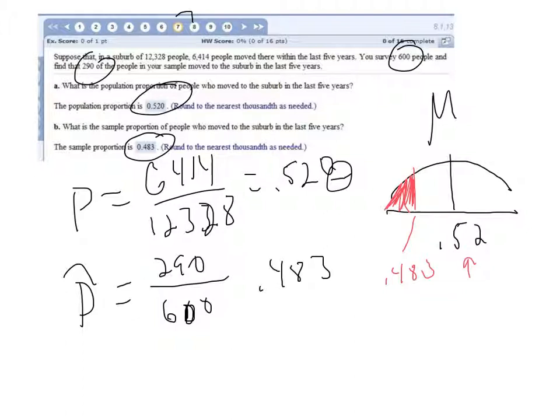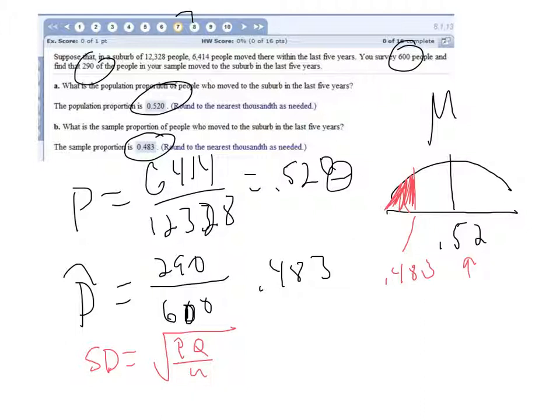So we're going to do a z-score, but before we do the z-score, we need to get the standard deviation for this distribution. Now, if you watch that Mr. Nystrom's video about sampling distributions and the central limit theorem, you saw him write something like P times Q over N, and we take the square root of that mess.